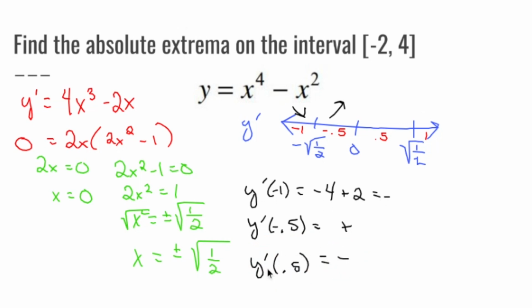And let's plug in 1. That's going to be 4 times 1, which is 4, minus 2 times 1, which is 2, which is positive. So there you have it. I have a relative minimum, a relative maximum, and a relative minimum again.